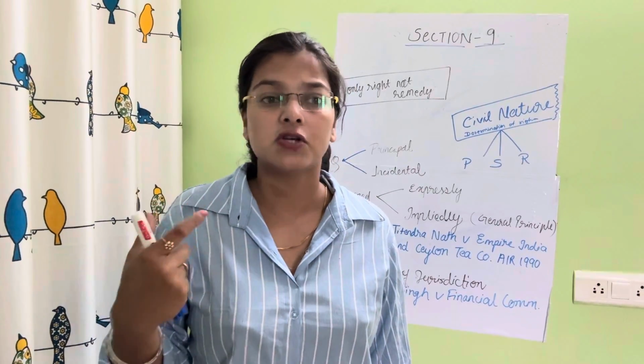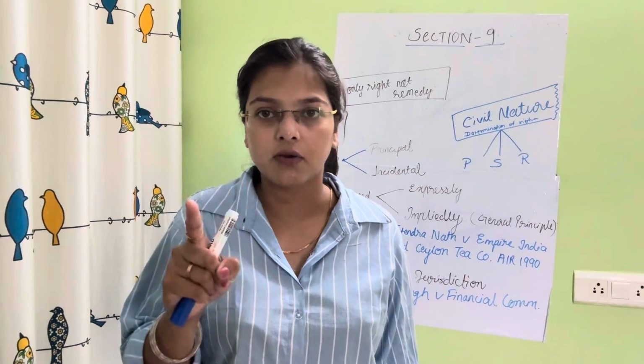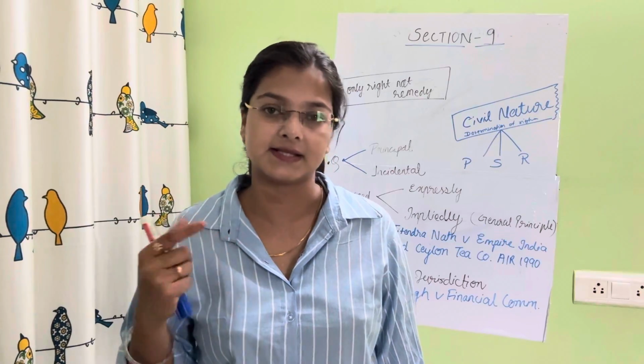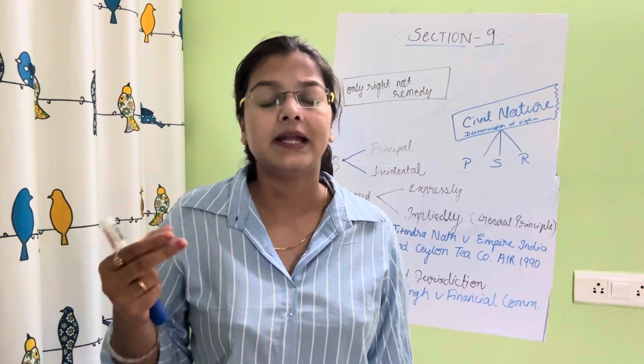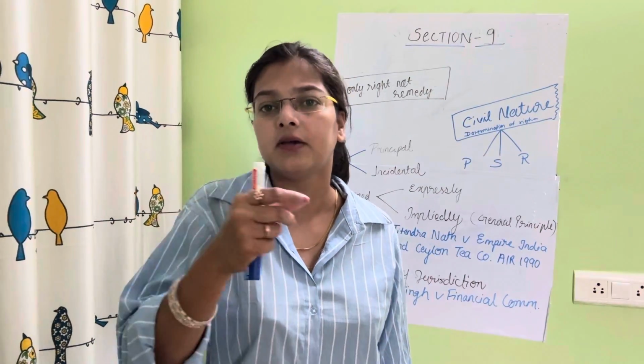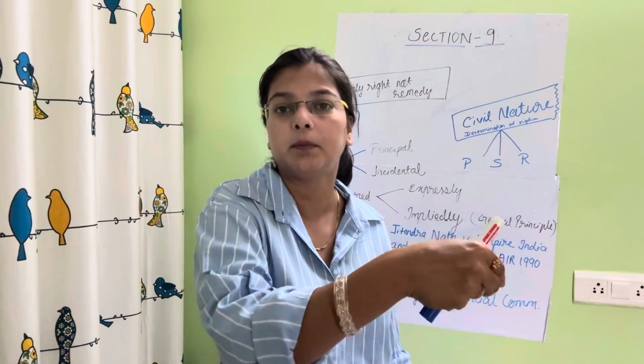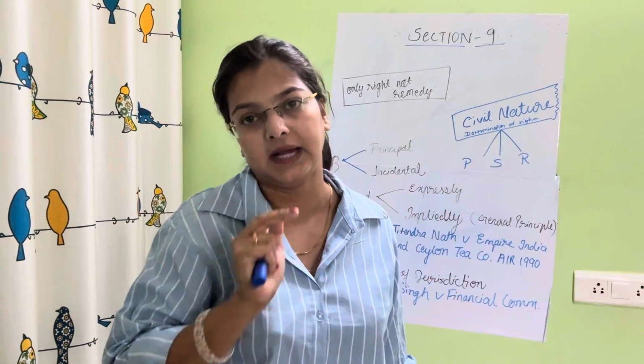Explicitly means those foods which I have said no junk food, no sweets, no sugar, like this, expressly barred. And impliedly barred means if my child has an allergy from that particular food, then that is impliedly barred.